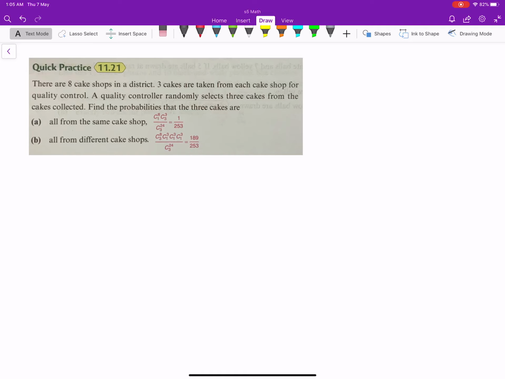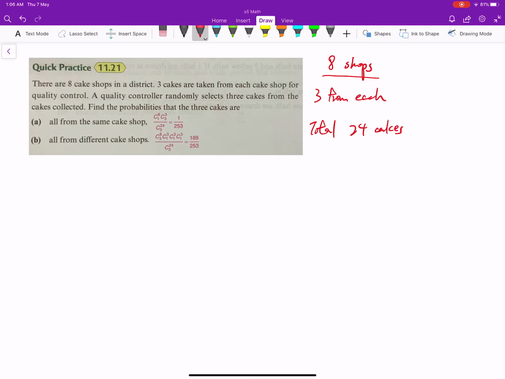That means we select 3 cakes from these 24. And now we go to find the probabilities of some cases. So first, let's get some idea. We have 8 cake shops, and 3 from each shop. So in total, we will have 24 cakes.